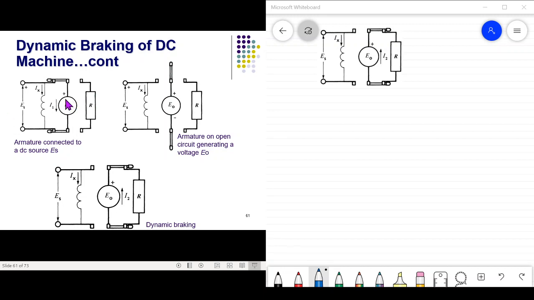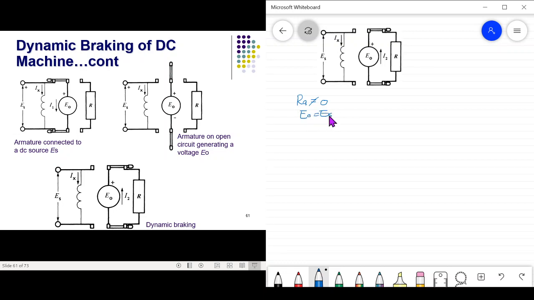When we neglect this armature drop, RA is neglected, IA is equal to 0, so we get E0 equal to ES.